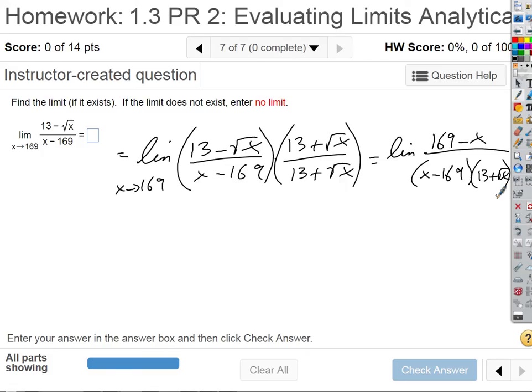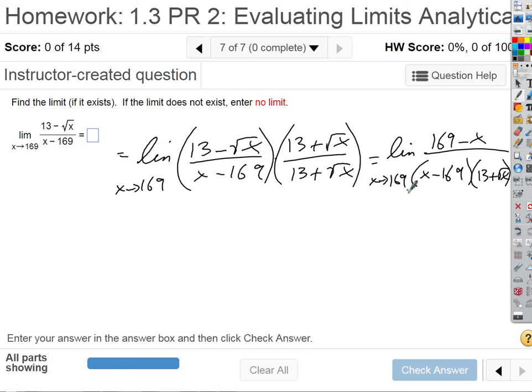I don't quite have the cancellation I need. What do I have to do first? Well, I can't just arbitrarily multiply by -1. I could multiply top and bottom by -1, but I think what you mean is to factor out a negative from the top. Might as well put the negative in the top. That's good form.